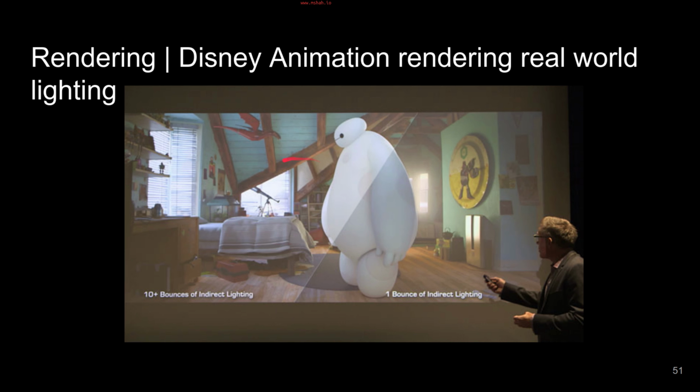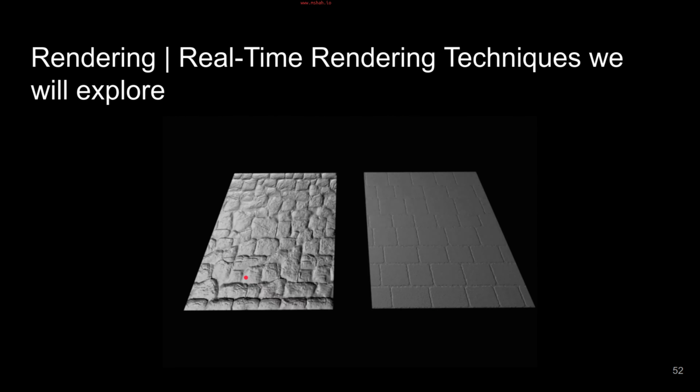The left side has much more volume if you look closely at the light here. Versus the right side, where you just see the colors, but this has actual volume. Even the shadows are softer, whereas these shadows are just one solid color. But these shadows, depending on how much the light bounces around and where the objects are placed, are much different. So rendering is a big part of graphics.